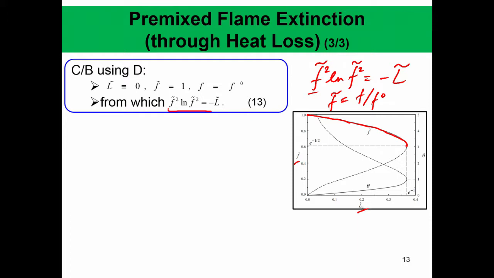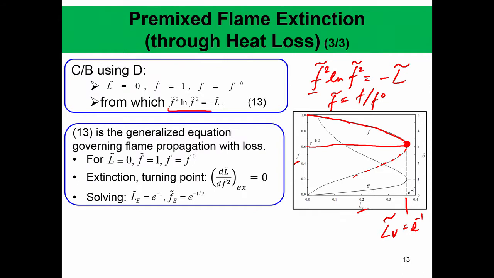This turning point is essentially the extinction point, because it can be shown that the later branch is unstable. So the flame exists up to this point, at a value of L tilde equal to 1 by e. At that value F tilde is given by this thing. So this clearly shows that this extinction point is given by this.